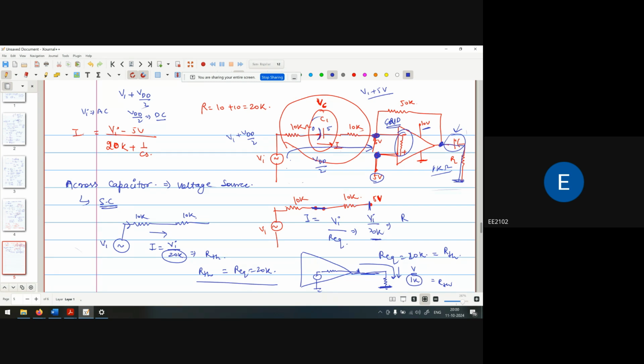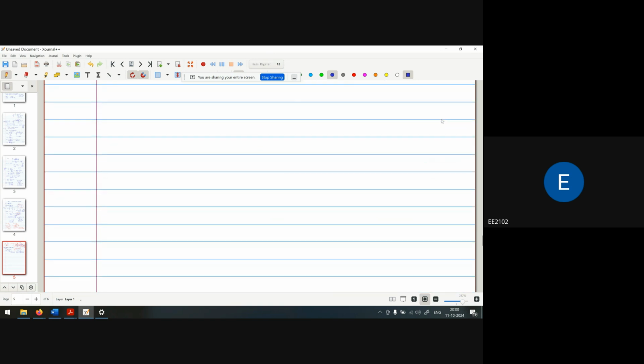when I convert into the VTH, VTH is nothing but the addition of the AC supply plus the DC supply.